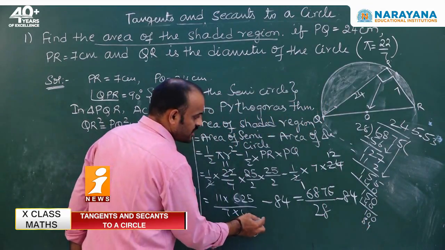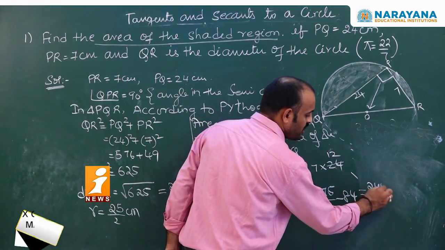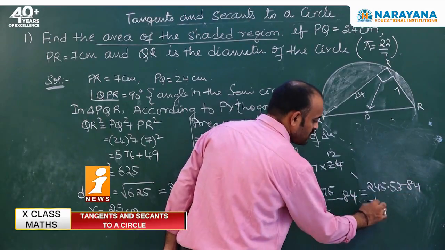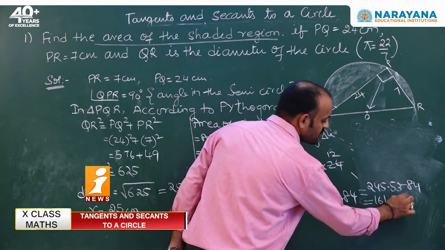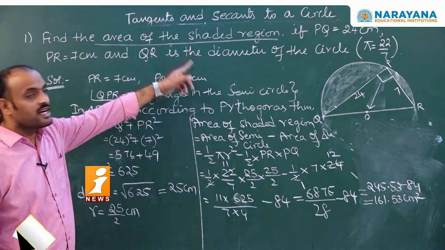Therefore, it is nothing but 245.53 minus 84. If I subtract it, I'll get 161.53 centimeter square. This is how we get the area of the shaded region.